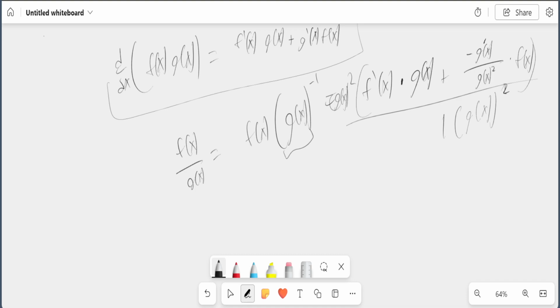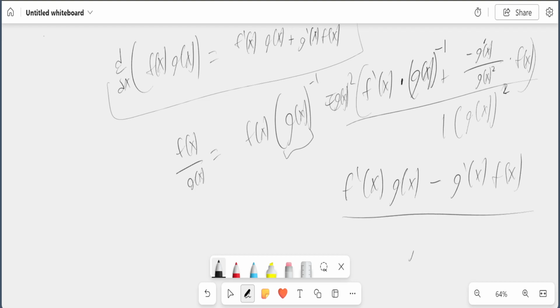And you get, shoot, I feel like I'm doing something wrong here. Oh, this is to the negative 1. That's what I did wrong. And so then you get f prime of x, g of x minus g prime of x, f of x, all over g of x squared. You get the quotient rule. It was just a shortcut.